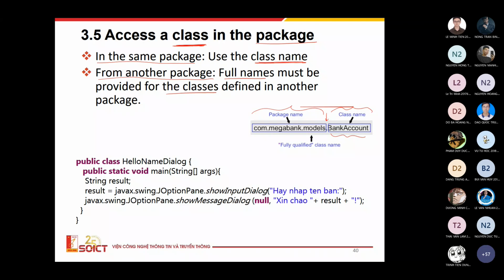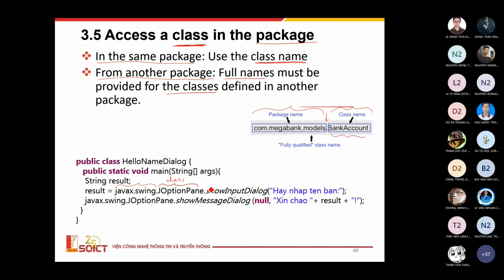Example. This is one example when you want to, oh, excuse me, what happened? Okay, when you want to access a class named JOptionPane. This is a class name. Yeah, and this class belongs to this package.